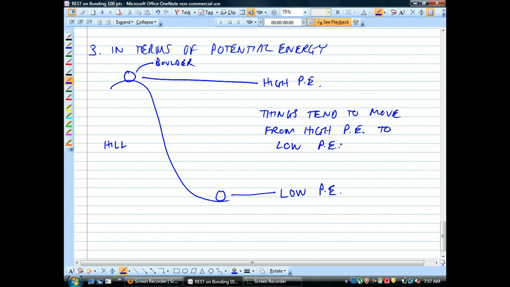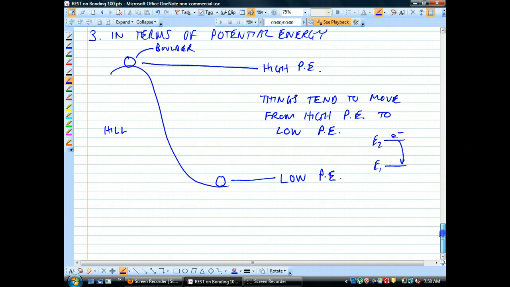And by the way, when they do that, that energy is not lost, it's converted, right? It's usually converted into, say, kinetic energy. You might remember that this is the same way it works for an electron, right? The electron is doing the same thing in the atom when it falls from one level to another. It's going from a high to a low potential energy. So we can explain bonding in this way too.